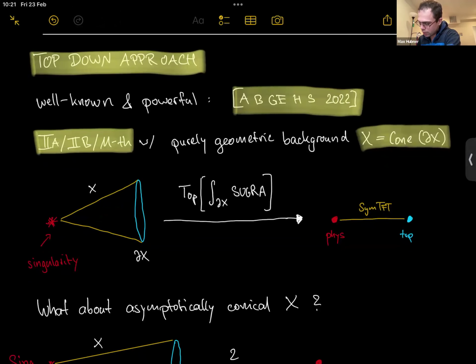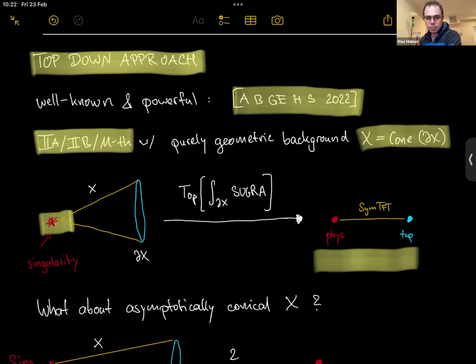Okay, so here's the picture. I have a cone with my singularity at its tip. The whole space is X, and its link in light blue is ∂X. In such setups, there is a prescription to derive the SymTFT of the QFT that is being engineered by this geometry. And here I've indicated it schematically as saying I need to integrate over links of my geometry. That's the integral.